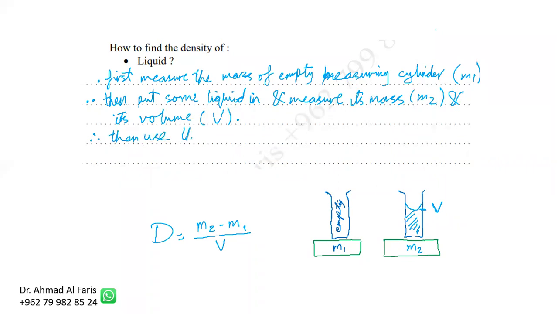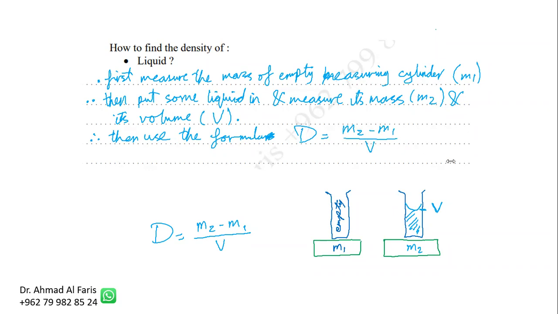Use the formula. Density equals M2 minus M1 divided by what? V, the volume.